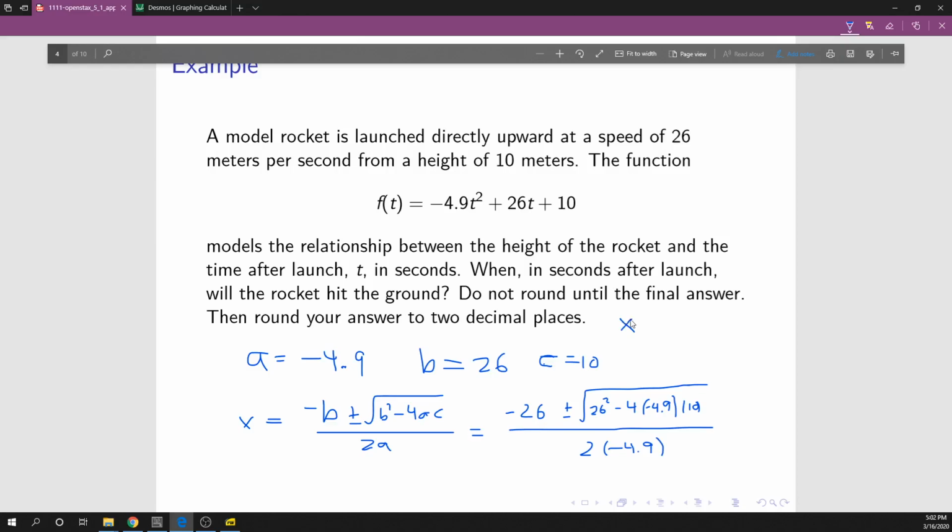And actually, this really shouldn't be x, but t, right? Since we're talking about time in seconds. So the time in seconds after the launch would be 5.67 seconds when it hits the ground. Okay? All right, and so in this example, it is using the quadratic formula to get the positive x-intercept of the graph that they give you.